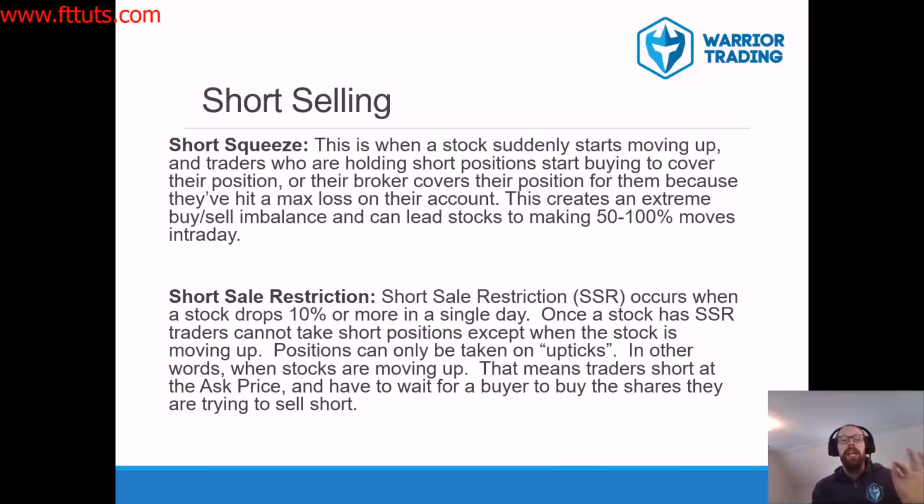There is no such thing as a long side restriction. There are only short side restrictions. A short sale restriction happens when a stock drops 10% or more in a single day. Once the short sale restriction has been turned on, traders cannot short a stock unless it's moving up. Isn't that strange? They can't short the stock when it's dropping.